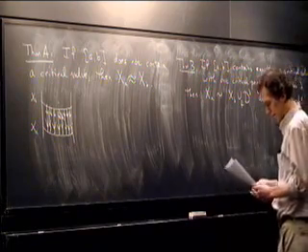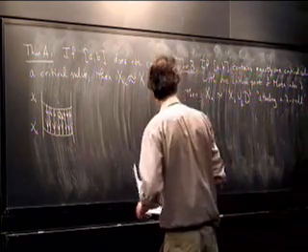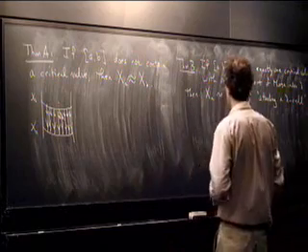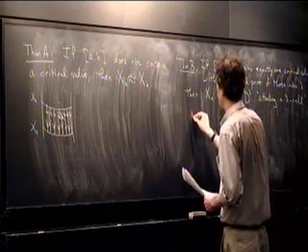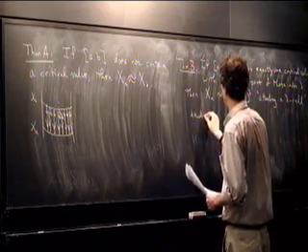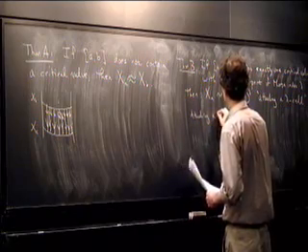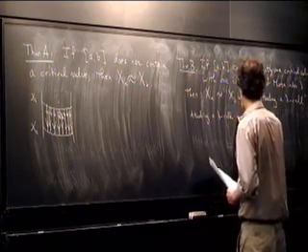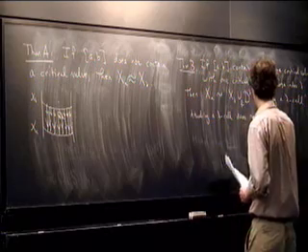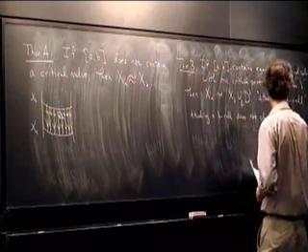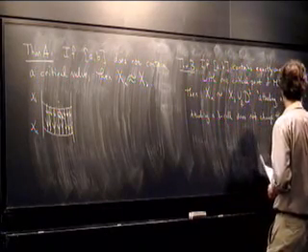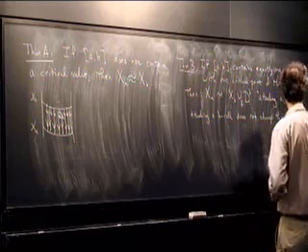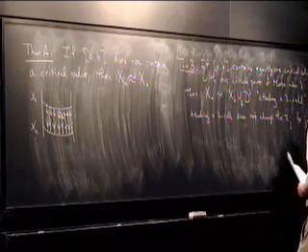Now I have to tell you what attaching a lambda cell means. And then what we're going to see is that attaching a lambda cell does not change the homotopy groups pi_j for j less than lambda minus 1.